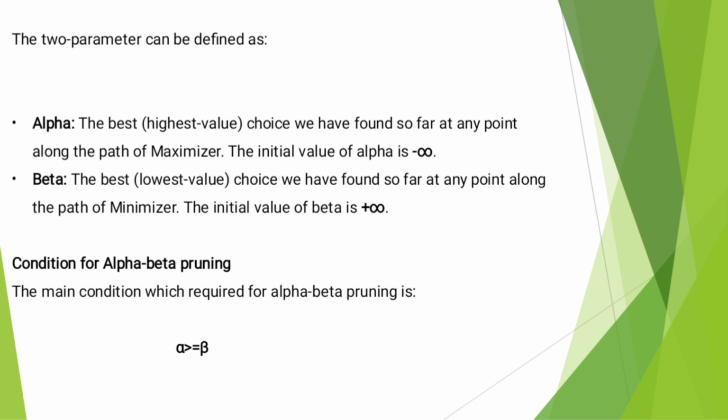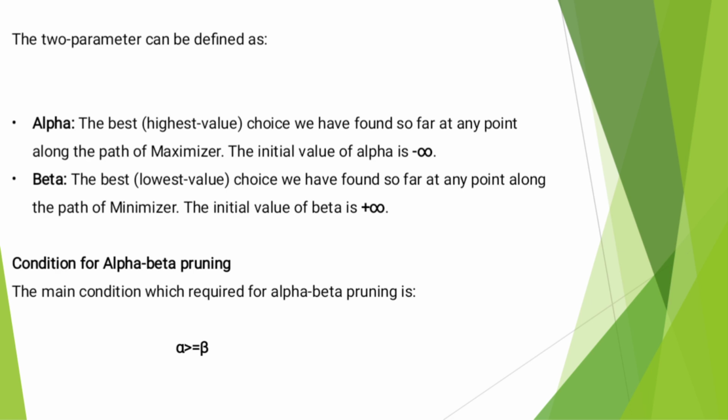The two parameters are alpha and beta. Alpha is the best, that is highest value choice we have found so far at any point along the path of maximizer. The initial value of alpha is minus infinity. Beta is the best, that is lowest value choice we have found so far at any point along the path of minimizer.